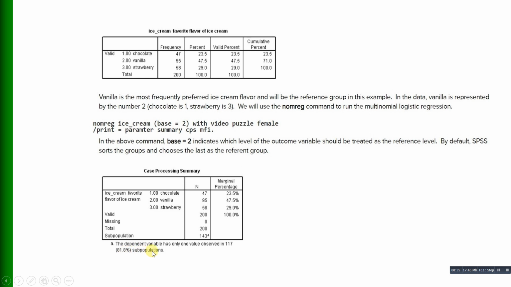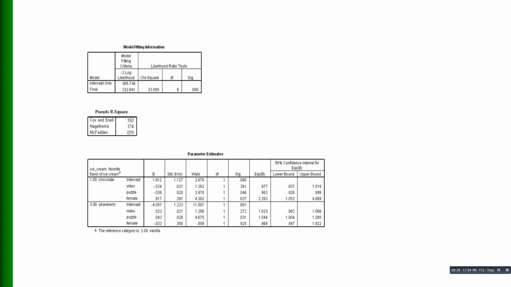I'll discuss this. This is the model fitting information, and there are log likelihood and chi-square statistics and the significance. These are the pseudo R squared. The Cox and Snell R squared is 0.153.